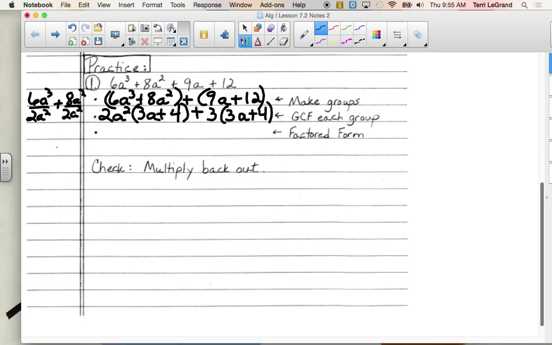After we divide that GCF out, we should get 3a plus 4. Because we actually do, right? So in other words, again, we're taking the 9a, dividing it by the 3. We're taking the 12 and dividing it by the 3. 3a plus 4.